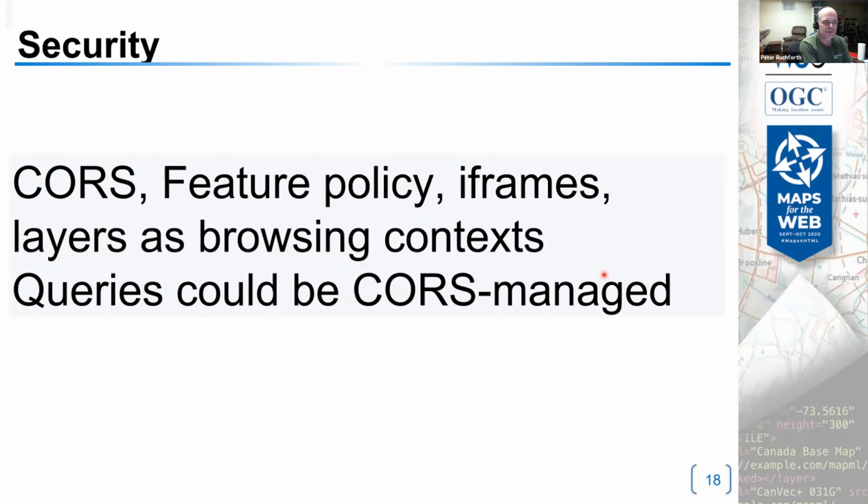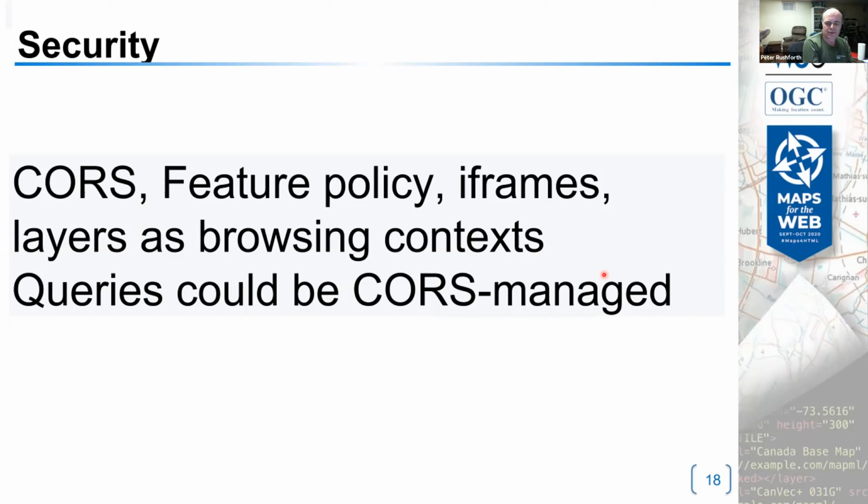So CORS, security, I'm not a security expert, but there's obviously lots of security implications in layering content vertically in the browser from different domains, and a lot of risks. So that needs to be thought about and designed, and maybe we need to find out if there are showstoppers in there.